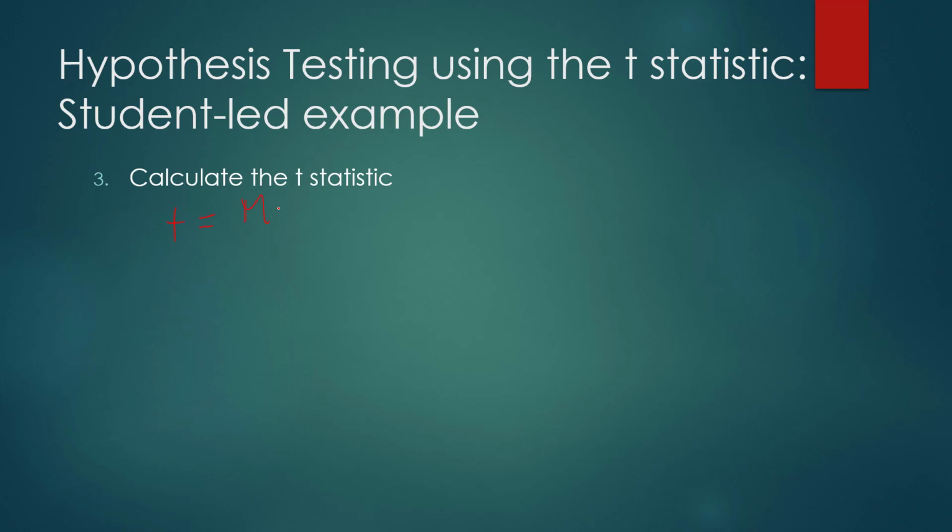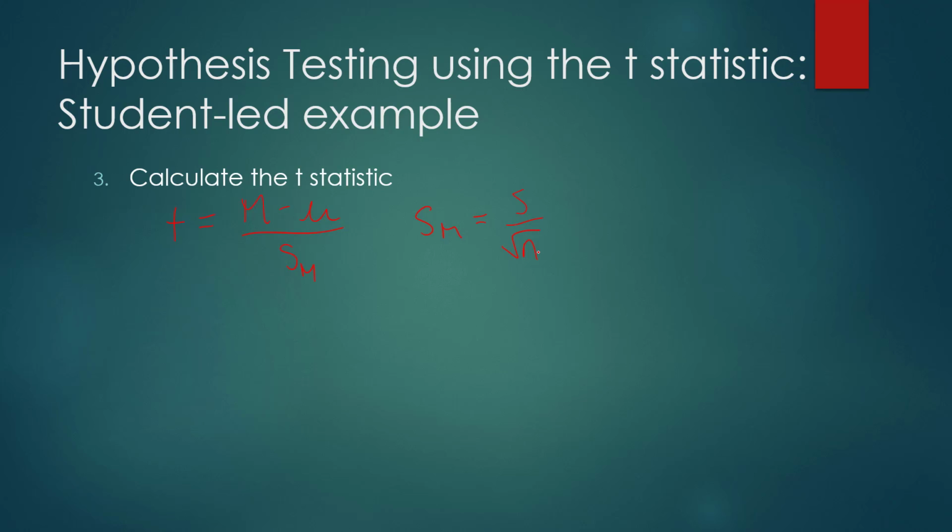Our t formula is the sample mean minus the population mean over our estimated standard error. And we also need to know this formula. Our estimated standard error formula is standard deviation over the square root of our sample size.